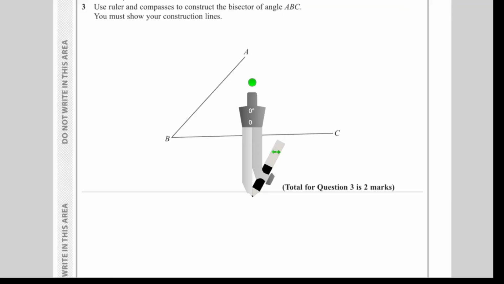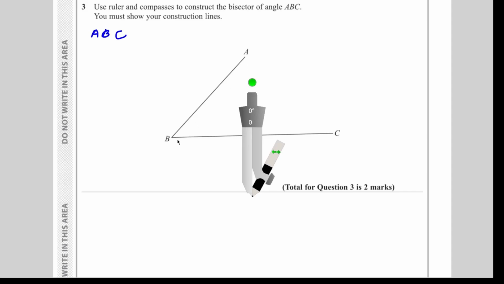Question 3. Use ruler and compasses to construct the bisector of angle ABC. You must show your construction lines. When an angle is given with three letters, angle ABC, always the middle letter is the angle.